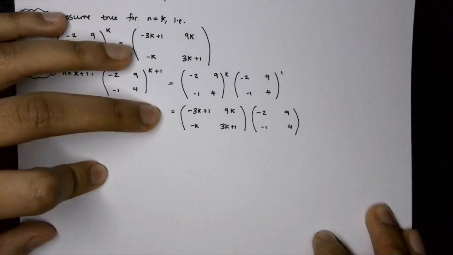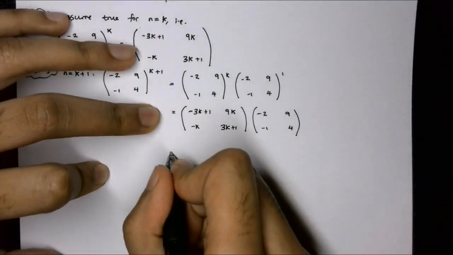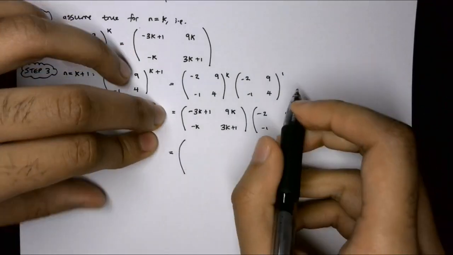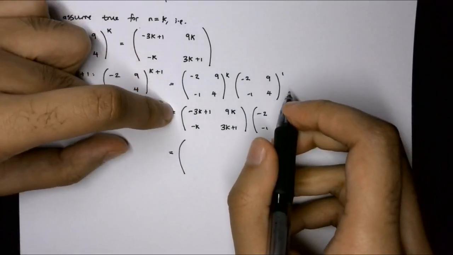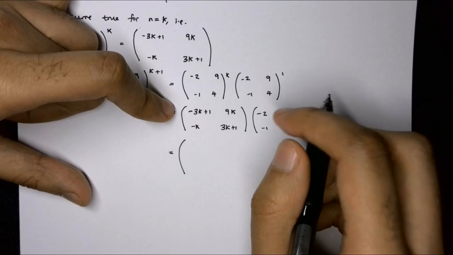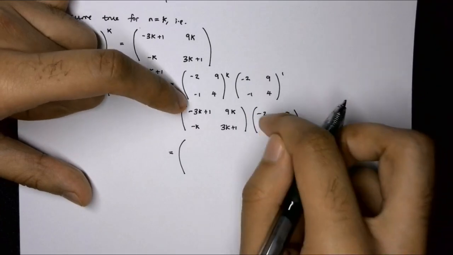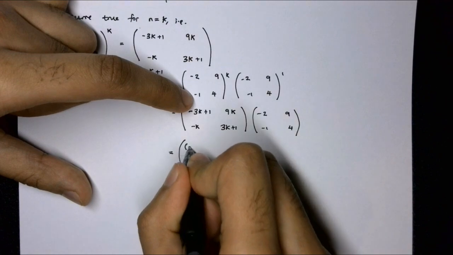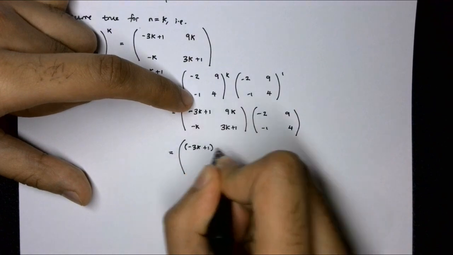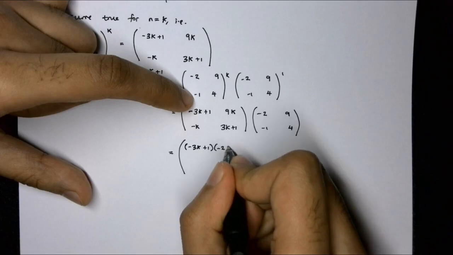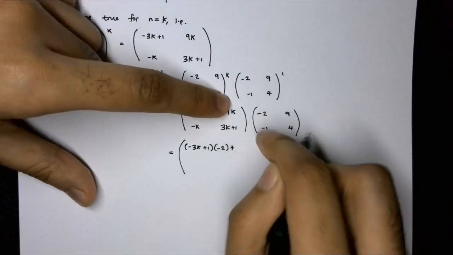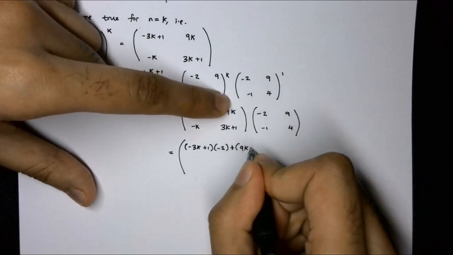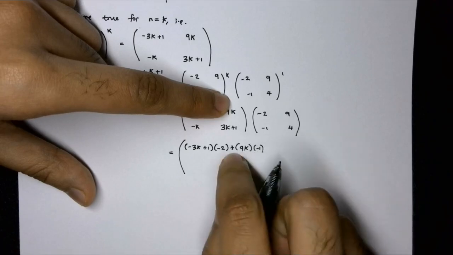So if we tidy all of this up, multiplying everything together, we have over here, well, let's write it out in full. We've got the minus 3k plus 1, lots of the minus 2, plus the 9k, lots of the minus 1, that's for this top element.